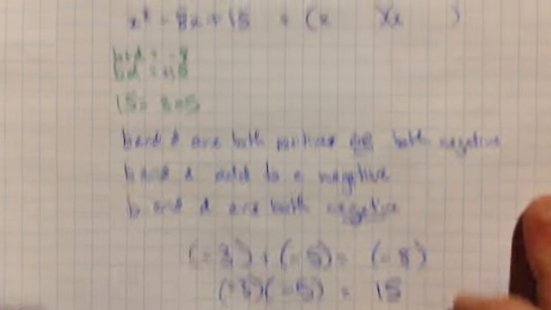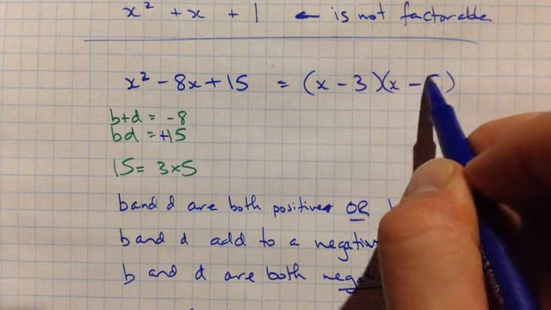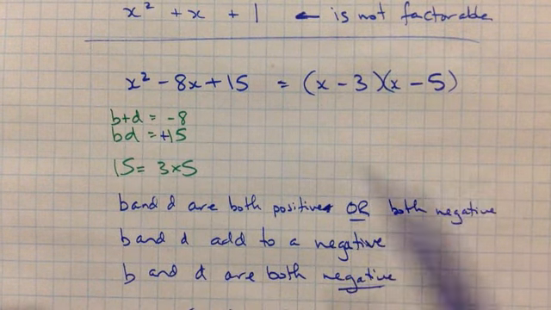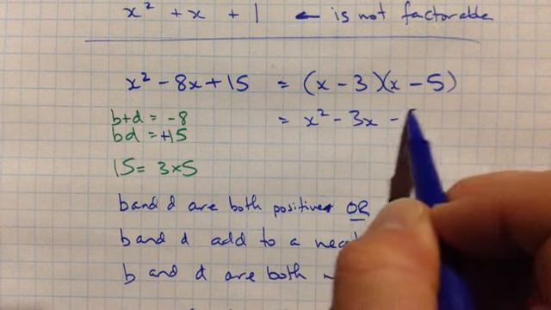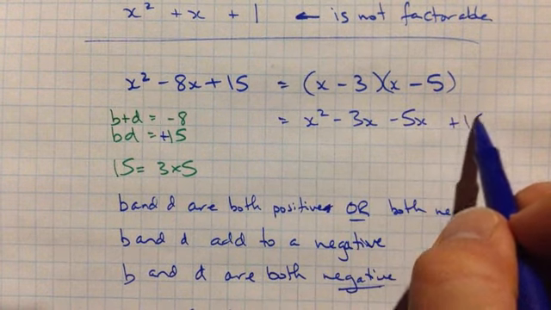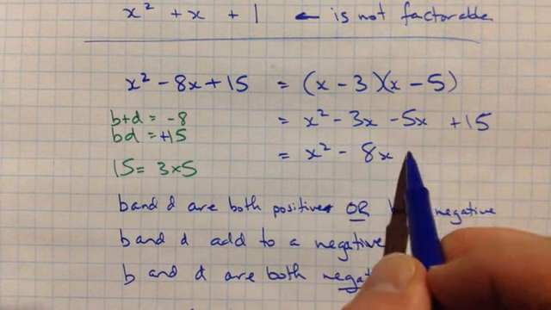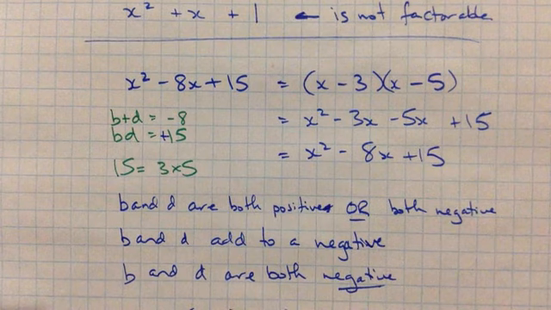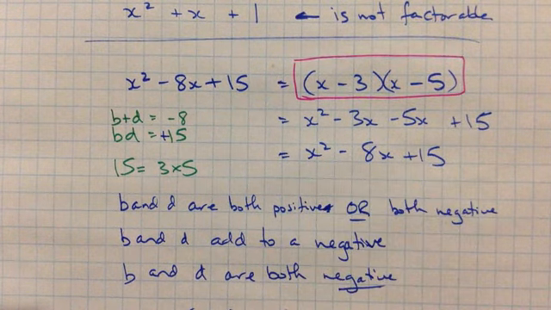That's what we're looking for. So those are our numbers, x minus 3 and x minus 5. Just to double check that again, x squared minus 3x minus 5x plus 15 is x squared minus 8x plus 15. And once again, just to remind you, this is the factored form that we were looking for.